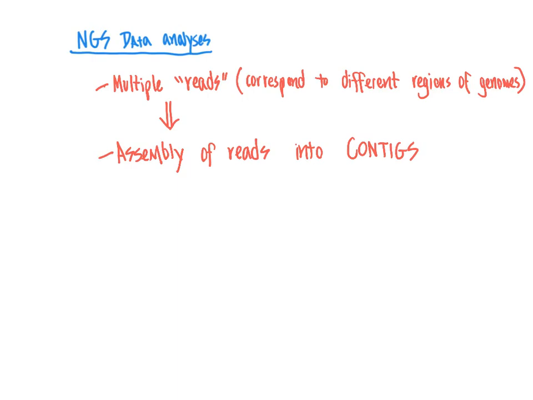So, for example, as a simplified representation of this, hypothetically, if we had read 1 and the nucleotide sequence that was determined for that read number 1 was this. I'm just writing out a thread of nucleotides here.